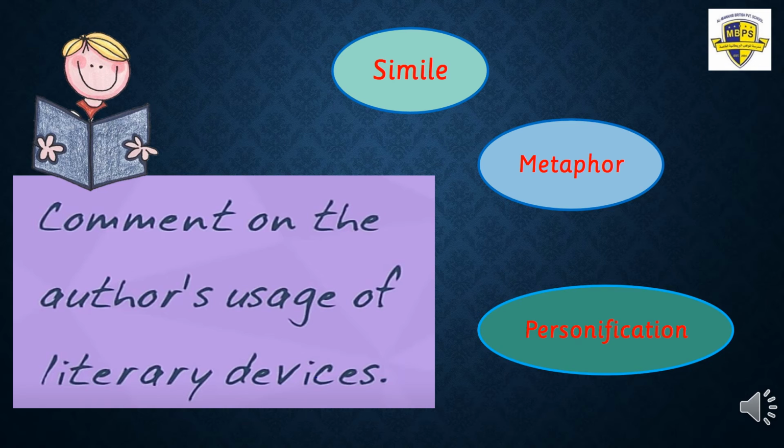What kind of language has the author used to create an image in the reader's mind? Powerful words, use of figurative language, which is similes, metaphors, and personification. So when you come across such things while you are reading a text and you highlight those important things, then you are annotating the text.